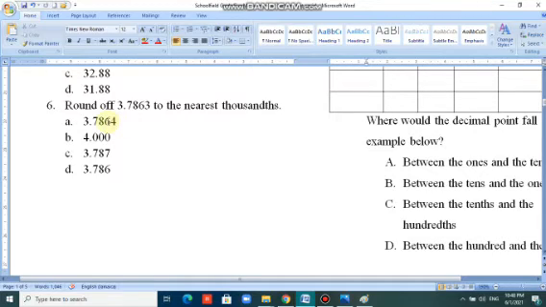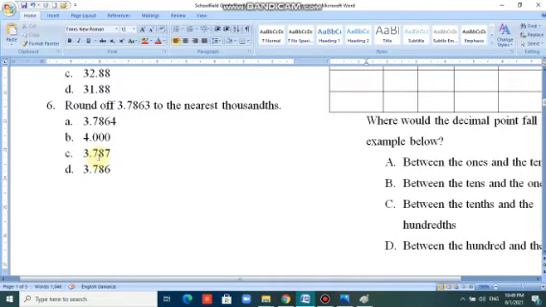So you can't round up because the number is less than 5. So therefore, it cannot be A. Cannot be B either. When you look at C, you need not go any further. So the answer is C, because when you round it off, 3.7863, you see that the answer is C, right? because it said to the nearest thousandths.